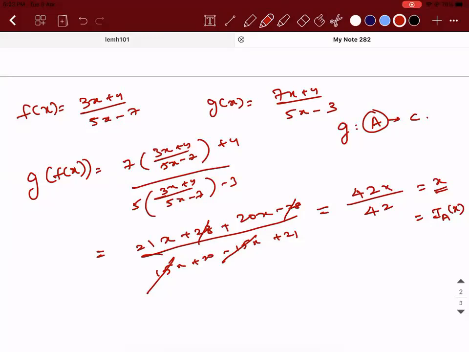Now the question makes sense. Now can you try out f of g of x and tell me the value? Two minutes time, do it fast.